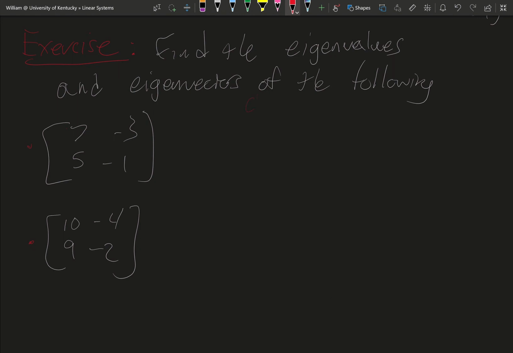Okay, now the answers. For your characteristic polynomial for the first one, you should have gotten lambda squared minus 6 lambda plus 8.